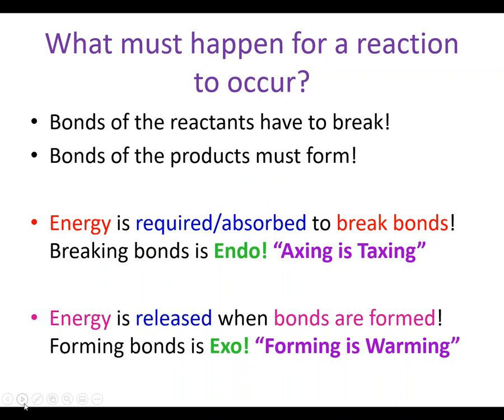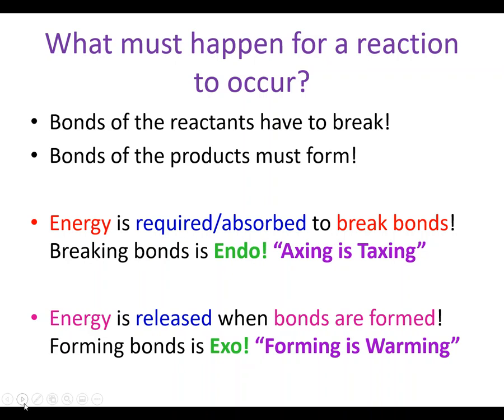The vice versa is true too. So if the bond energy in the products is higher than the bond energy of the reactants, now you're going to end up, when you do the calculation, with a negative delta H, which means the overall reaction is exothermic.